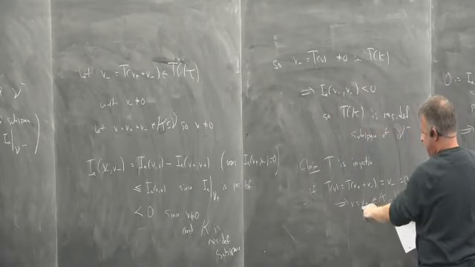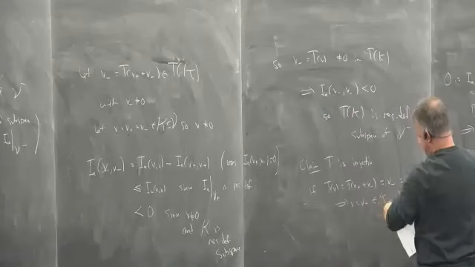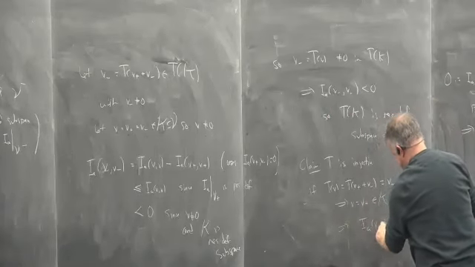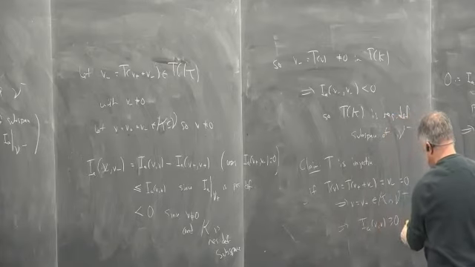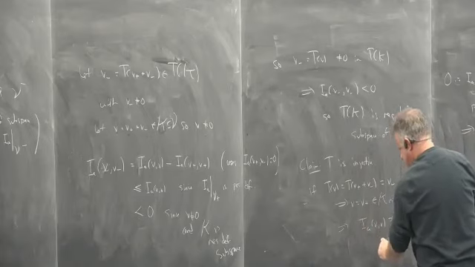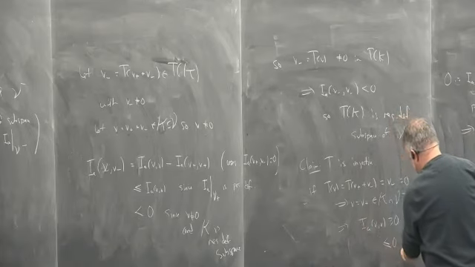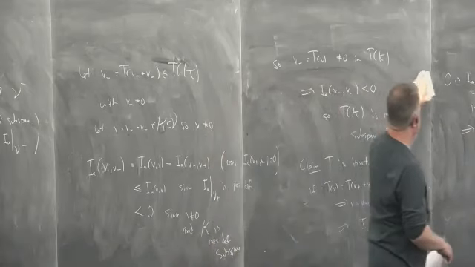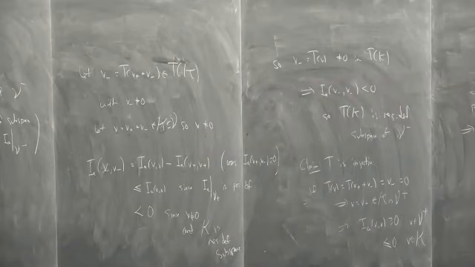Because V is in V plus, and V is in K. So this says that IA of VV is greater than or equal to 0 since V is in V plus, and it's less than or equal to 0 since V is in K. Therefore, it has to equal 0.